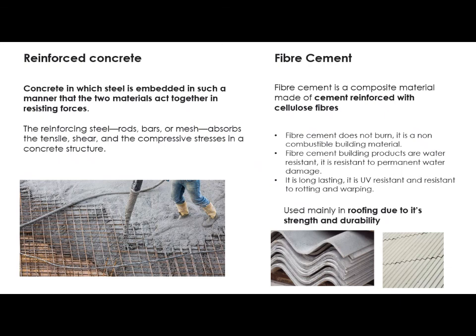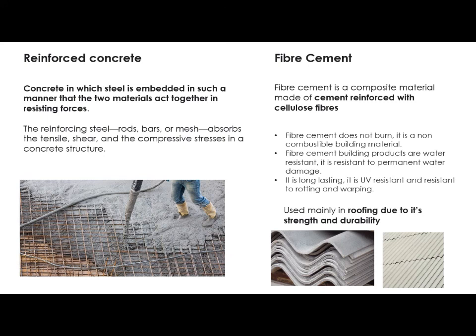So for example, if you had a mesh like that, that's going to be strong in lots of different directions. It could be that you put bars through to make it strong in bending or in tensile directions, so in stretching. But basically reinforced concrete just means it has steel bars or mesh or rods going through it to give it strength in different directions.